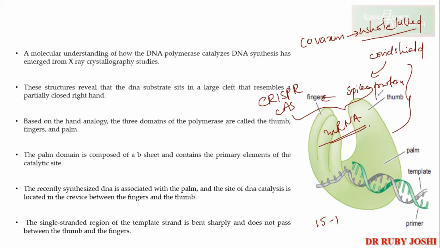So many people were thinking that Covishield is more effective as compared to Covaxin. But later on, Covaxin was also found to be effective. Because whether it is spike proteins or the DNA or RNA of the COVID-19 virus, the entire whole killed virus was injected into the human body, right?